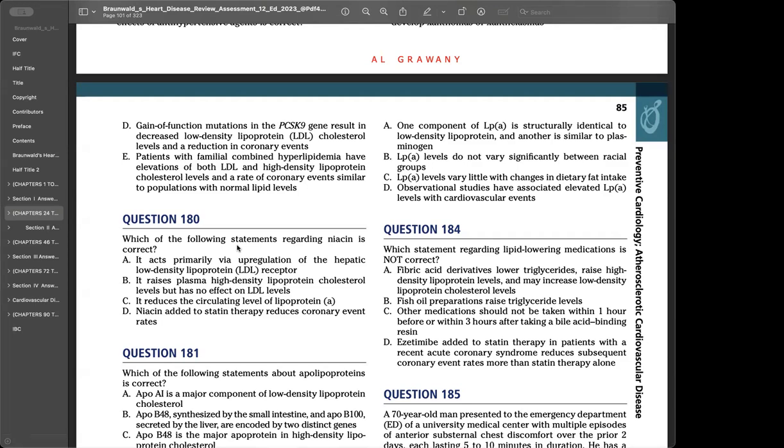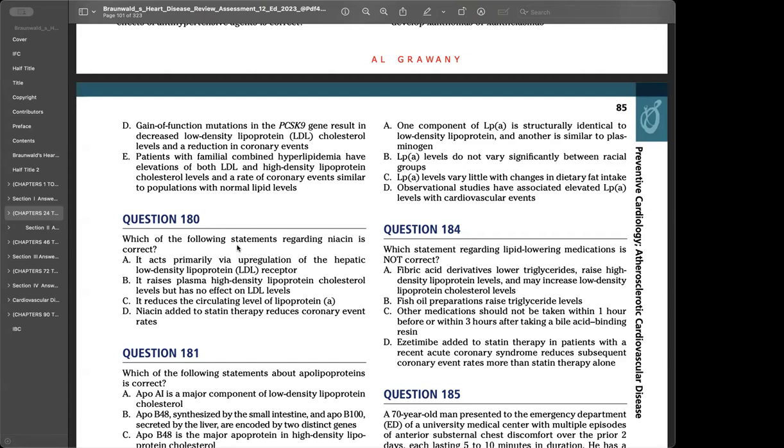B. Lipoprotein A levels do not vary significantly between racial groups. C. Lipoprotein A levels vary little with changes in dietary fat intake. D. Observational studies have associated elevated lipoprotein A levels with cardiovascular events.